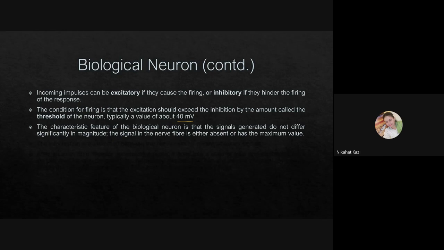So either it is present or it is absent. This tells you that you can model this neuron in the form of a 0 1 kind of input. The information transmitted between the nerve cells is transmitted by means of binary signals.